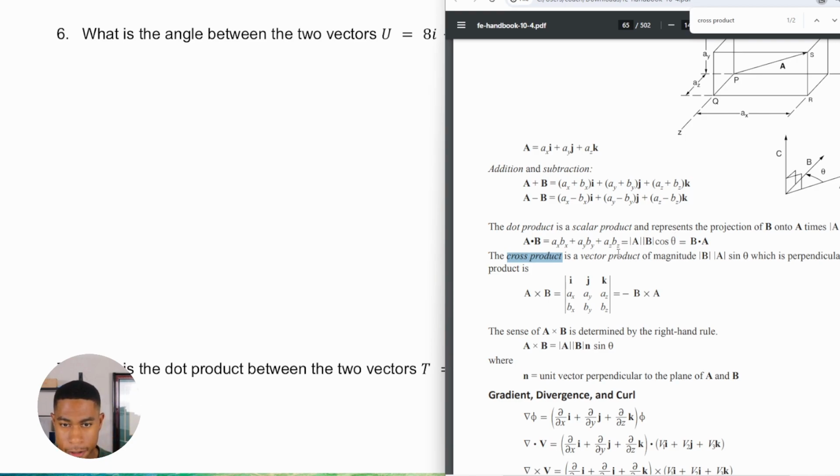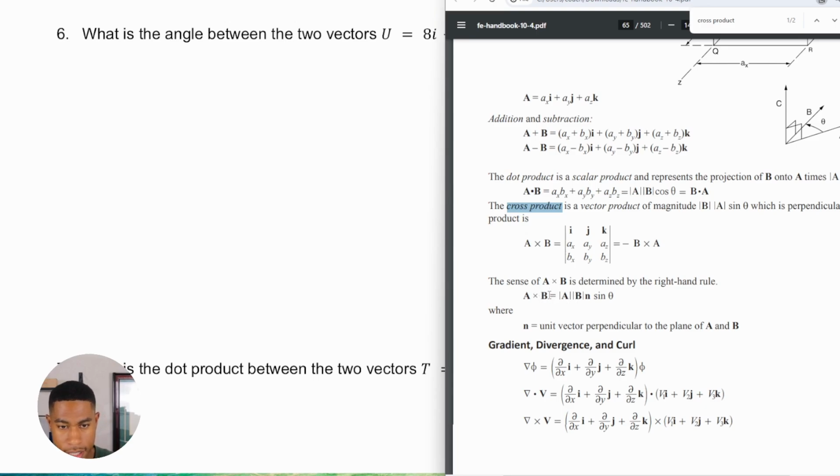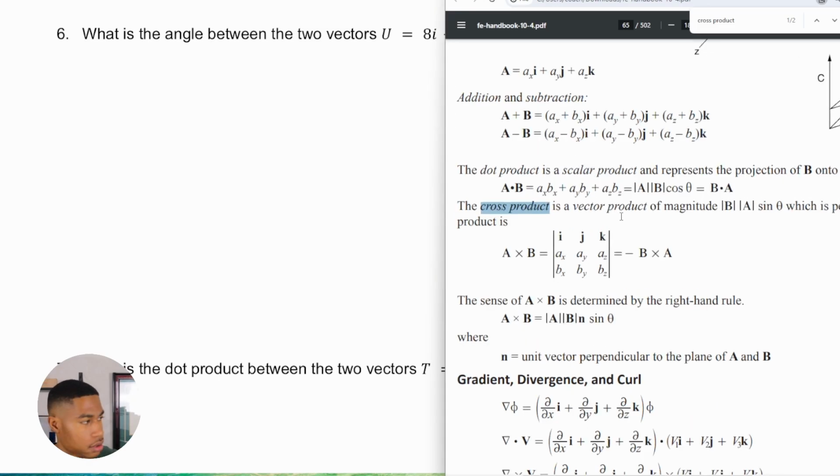And so we know that if we can find the dot product, which is just ax times bx plus ay times by plus az times bz, we can also get the magnitude of a, the magnitude of b, and we can solve for theta. Now you could also do this with the cross product by doing the cross product of a and b, getting the magnitude of a and b, and then doing the sine inverse to get your theta. But I like dot product, so I'm just going to do dot product.